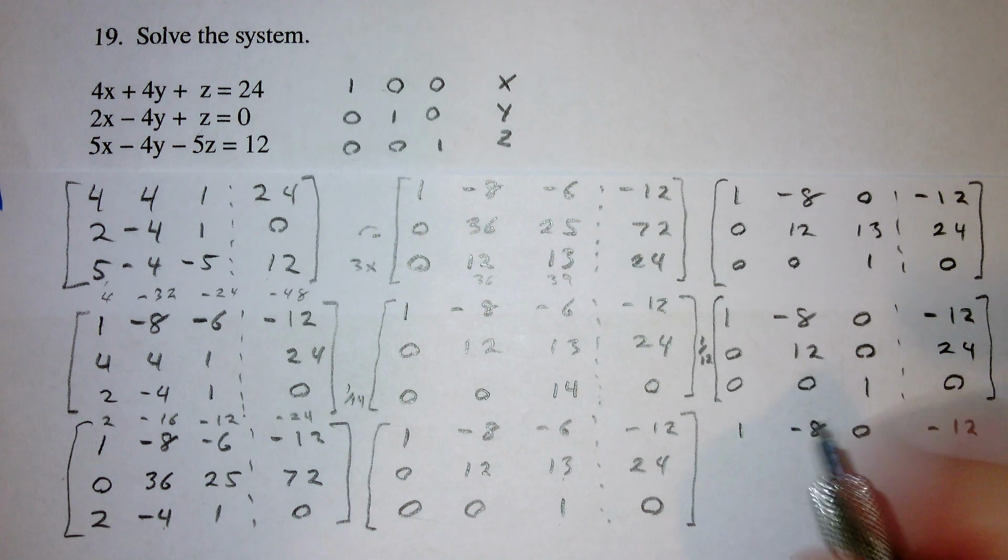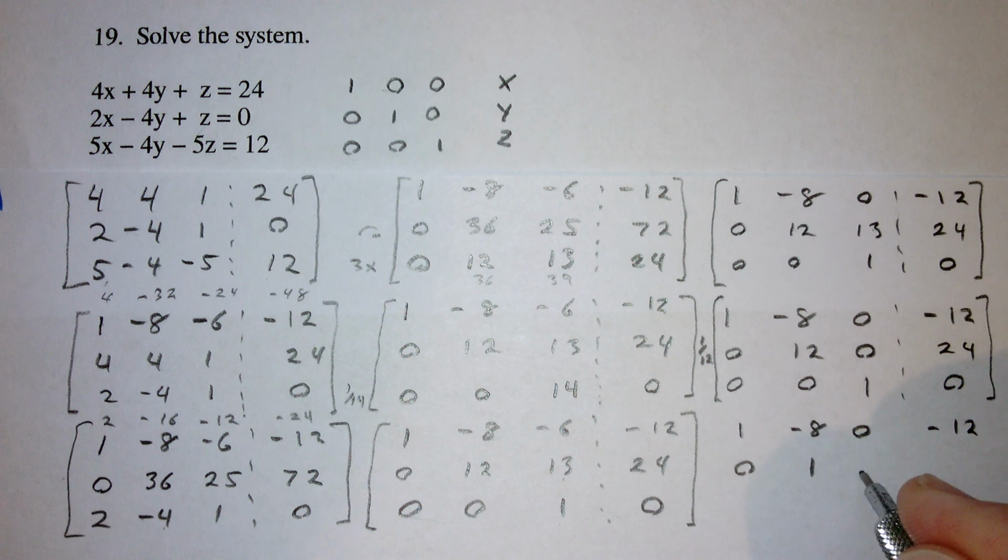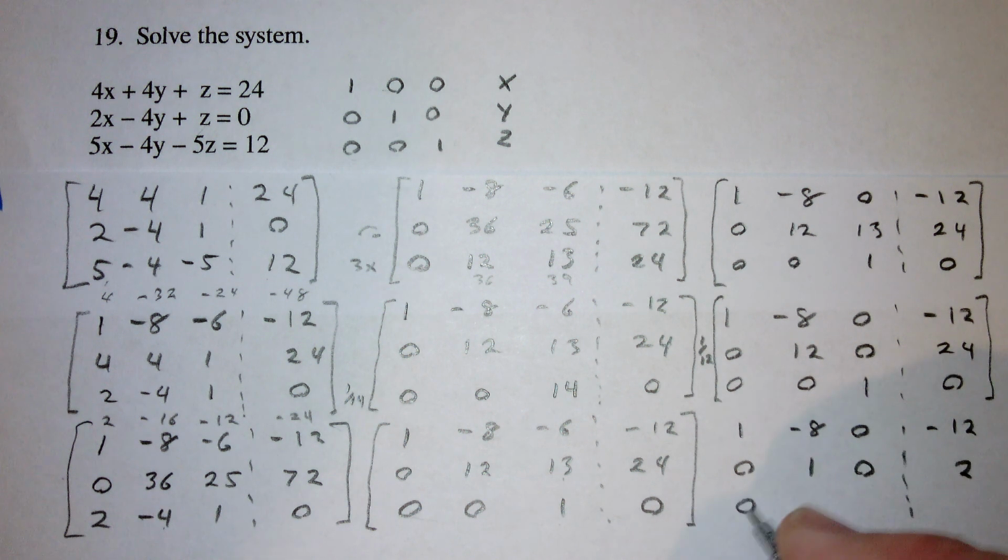We're dividing this as 0, 1, 0, 2, 0, 0, 1, 0.